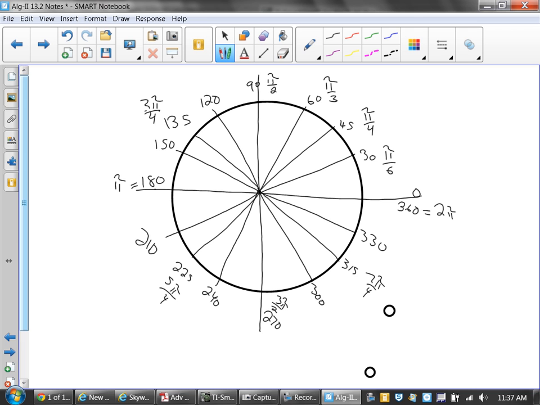Basically, all you're doing is dividing by 180 and slapping a pi in the numerator. That equals radians. Angle in degrees times pi over 180 is radians.